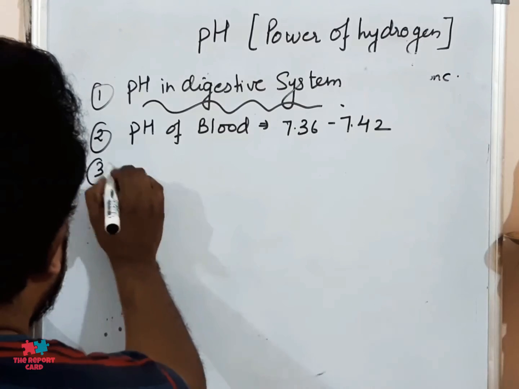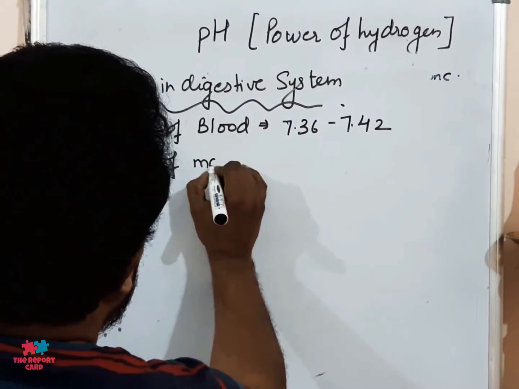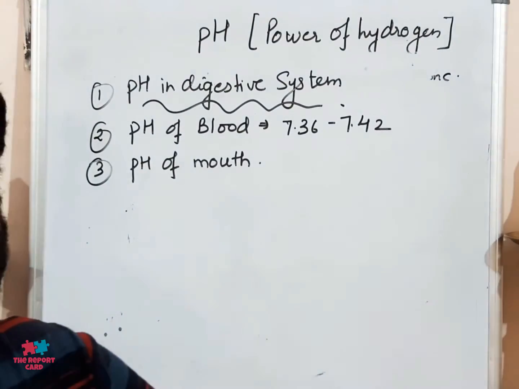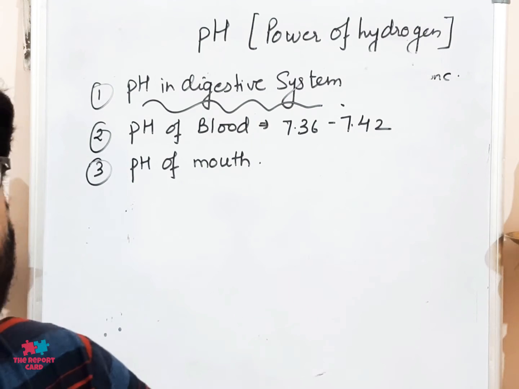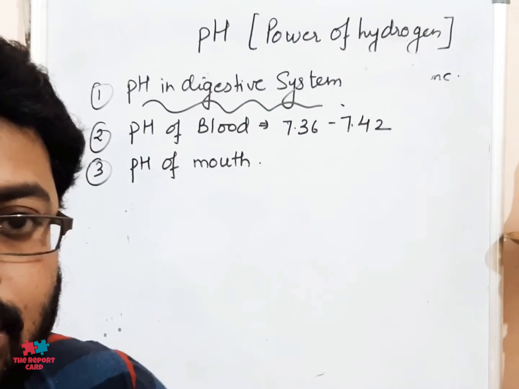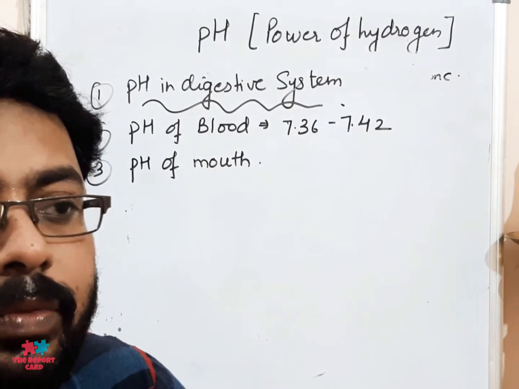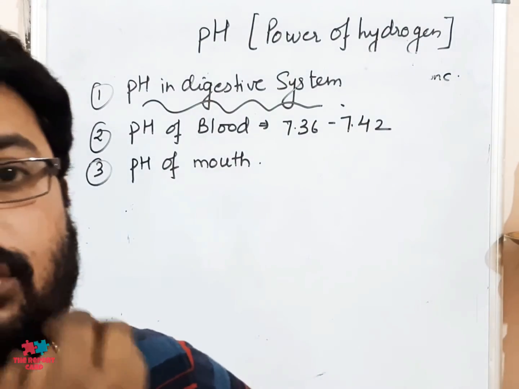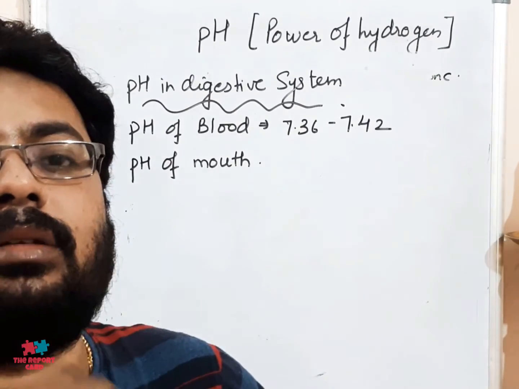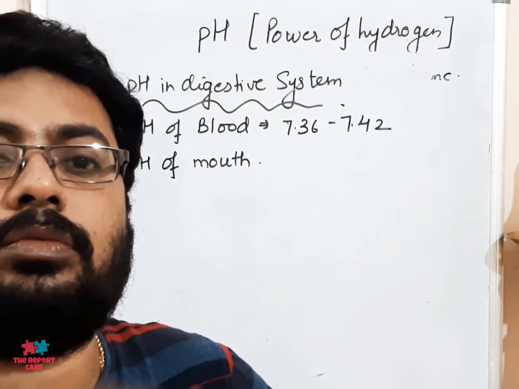Similarly, this is again very important: the pH of the mouth. When the pH of the mouth decreases, it leads to tooth decay. Usually, bacteria act on the food present in between our teeth and secrete acid, and thus reduce the pH of the mouth.